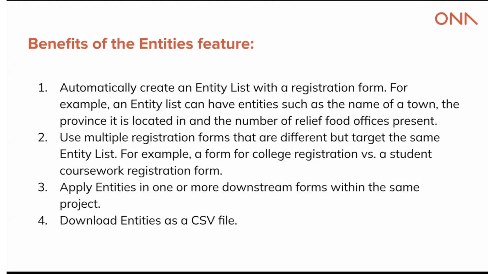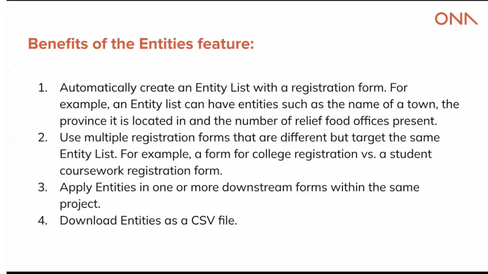Then you can use multiple registration forms that are different but target the same entity list. For instance, you have a form for a college registration versus a student coursework registration form. These are forms that you can interlink based on the coursework that the student is registering and the college that they have registered at.